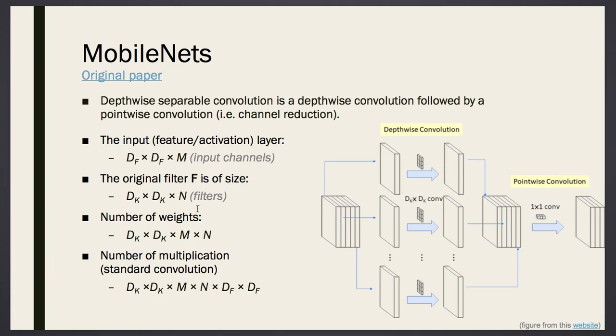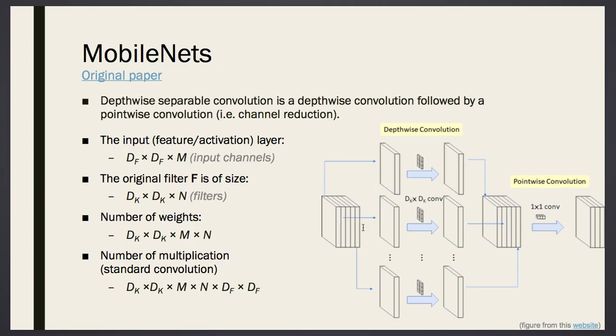And the number of multiplications for standard convolution would be dk by dk by m by n by df by df, the huge number. We have seen the number of multiplications you have to do for standard convolution. You will remember this from the previous week's slides. Very good. This is what standard convolution is.